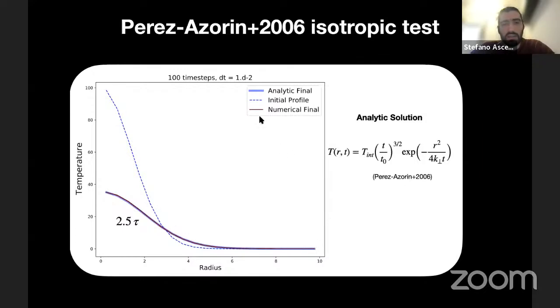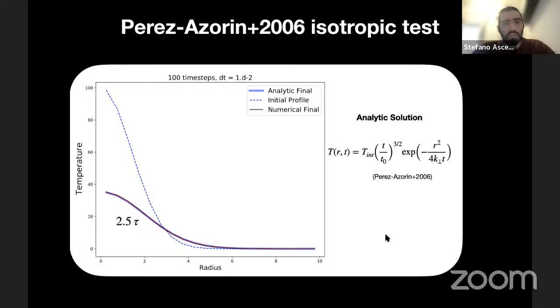And we let the system evolve with time for more than 2 thermal diffusion timescales. And we see that after 100 time steps, the numerical solution almost perfectly overlaps with the analytic solution, which is something really good.